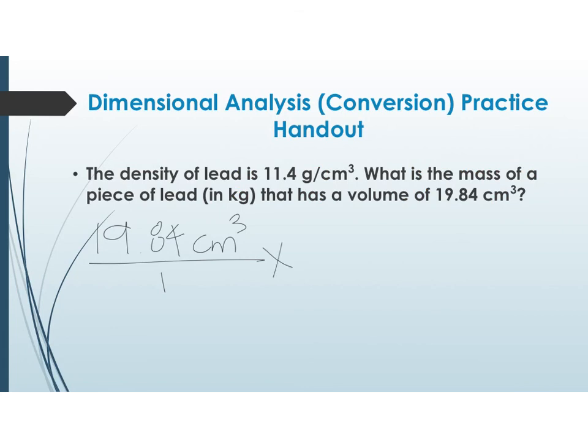And I'm going to use that tool that they gave me when they gave me 11.4 grams per cubic centimeter. I'm going to use that to my benefit. I know I need to get rid of centimeters cubed, so I can go ahead and put centimeters cubed down here. That'll be 1 centimeter cubed goes with 11.4 grams. And now I can cross off centimeters cubed.